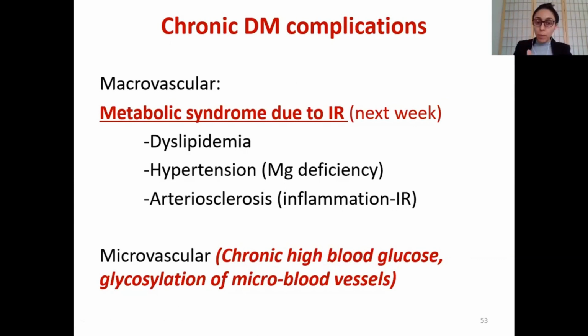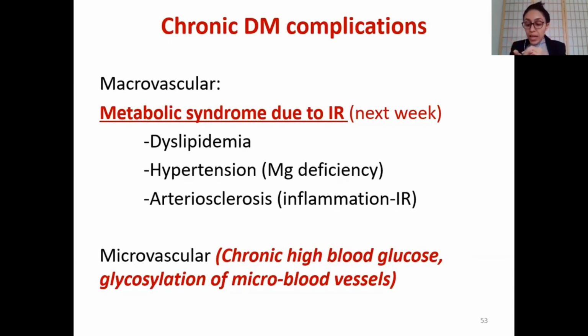What is microvascular complication? Microvascular complication is when you have glycosylation of your small blood vessels. So you have tiny capillaries, okay? Similarly to the concept of the heart, you know how when you have fat layers, plaque, or fatty streaks in your artery, it clogs your artery, in simple layman terms. And that is when you have fat buildup in your artery, and therefore you have a heart attack, right?